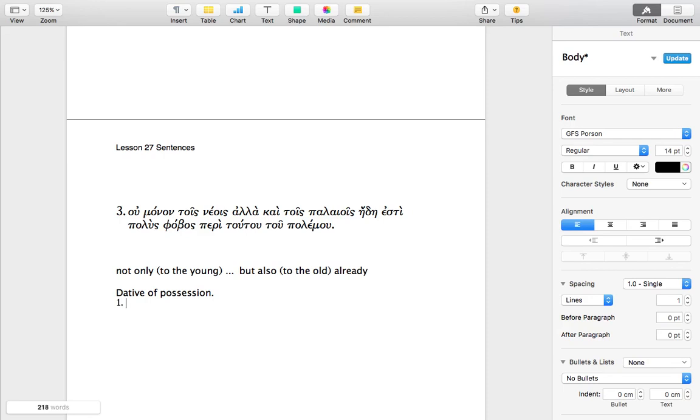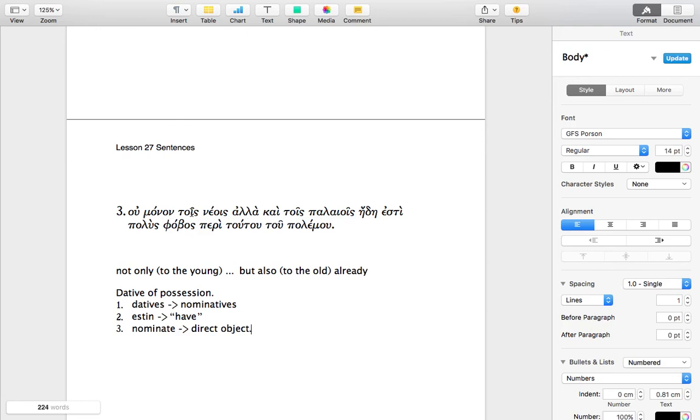Number one, datives become nominatives, right? Second thing you do, esti becomes have, or some form of that. And then the third thing is that your nominative becomes your direct object. So how do we do that?